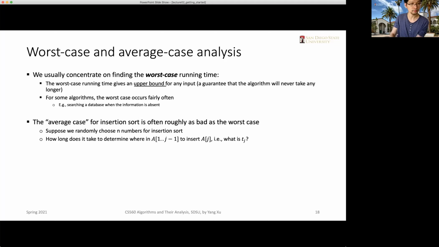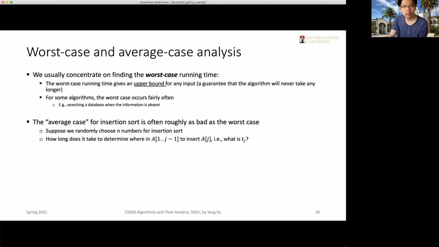So now we need to estimate what Tj is given a random input. And Tj is the number of comparisons that Aj needs to make with all the elements ahead of it, from A1 to Aj minus 1.